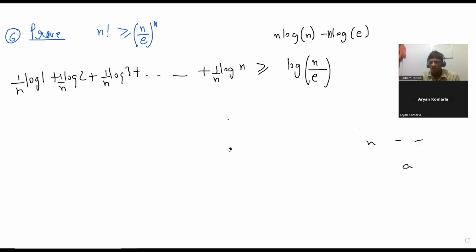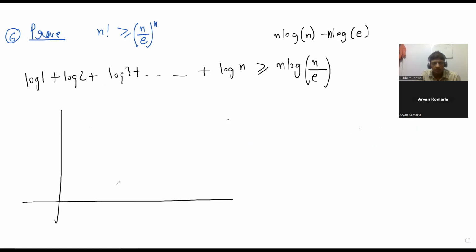So what did I have in mind here is the following. Suppose we are taking log 1 onwards, and let's say we are taking a curve like this.